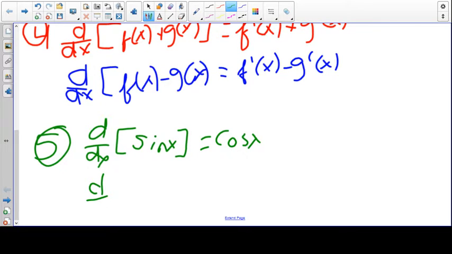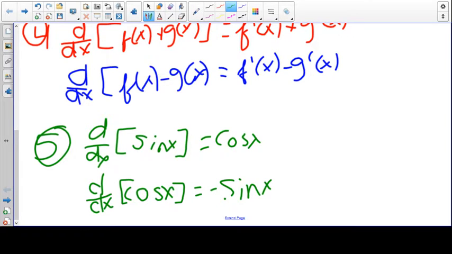The derivative of cosine of x is not sine. So again, trying to remember those as best we can, just making sure we're aware of what's going on. We are not having to look back at our notes every single time. Trying to practice, learning these as best as we can.